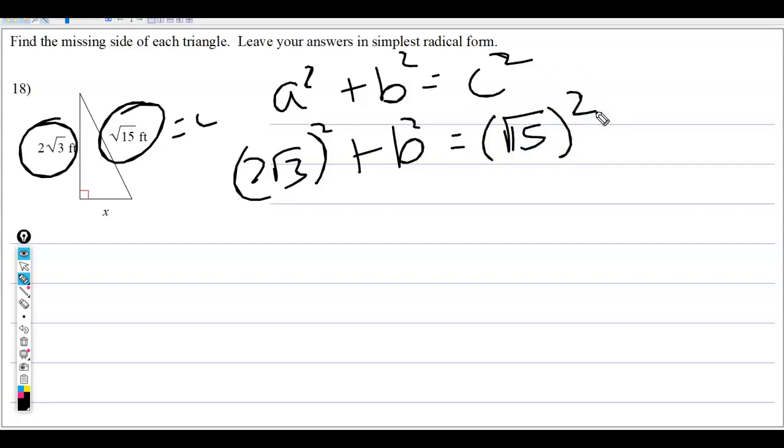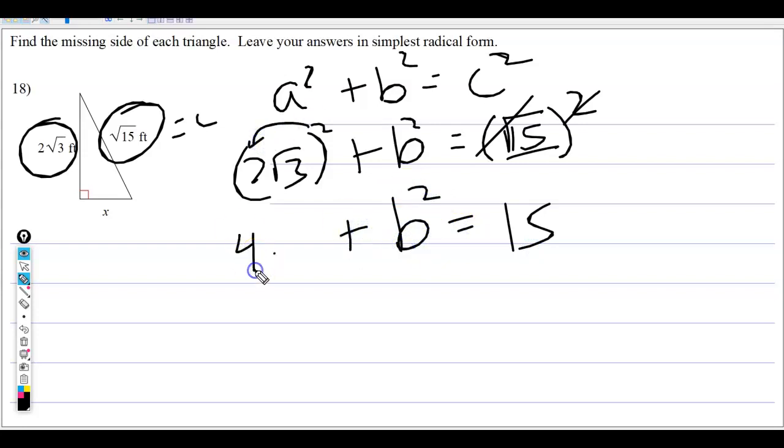All right, so let's start with the square root of 15. If I square that, that means you multiply the square root of 15 by itself, which basically you just end up with 15. So a square cancels out a square root, and you're just left with 15. Now, as for this guy here, if we square the 2, we get 4, and if we square the square root of 3, we get 3, so we end up with 12.